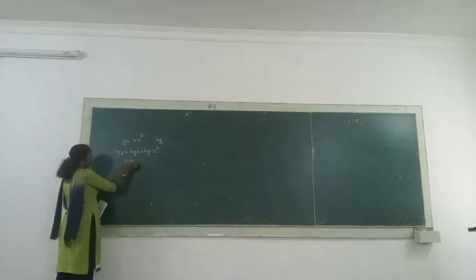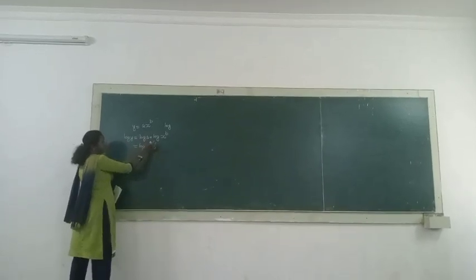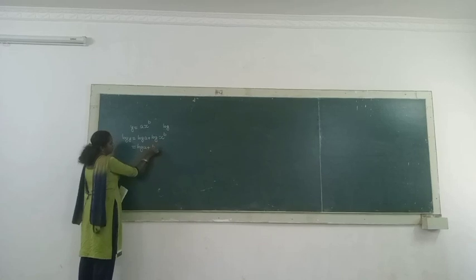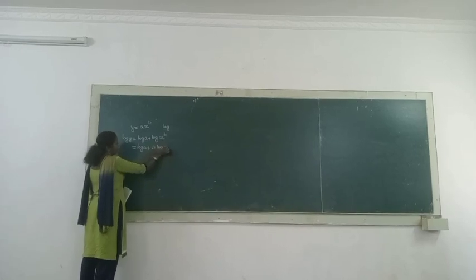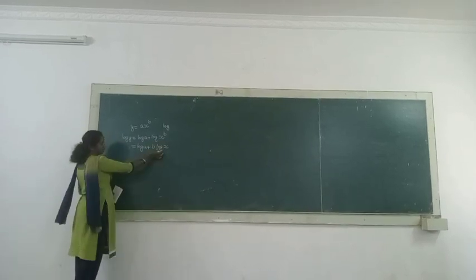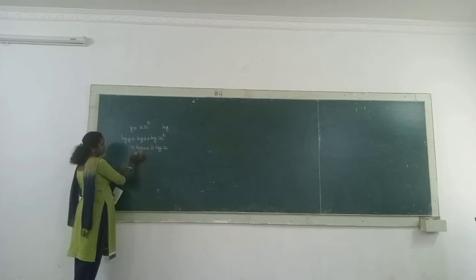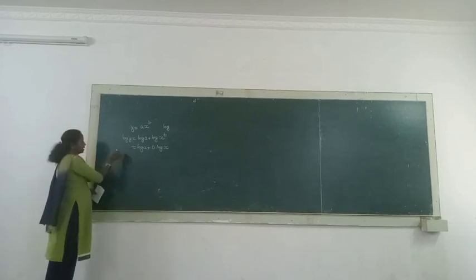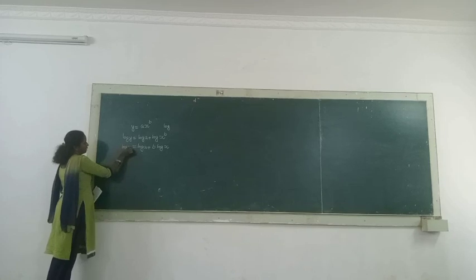Again this is equal to log a plus b into log x, since log of x power b can be written as b into log x. It is understood that if the logarithm is written without any base, it is natural logarithm, that is logarithm to base e.